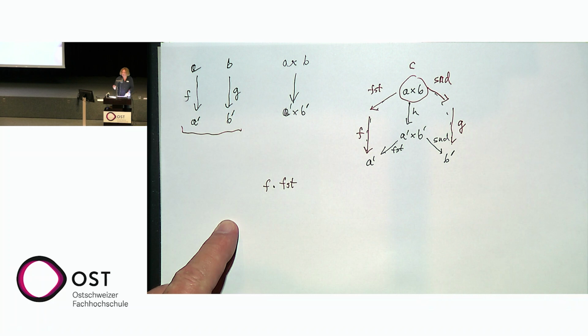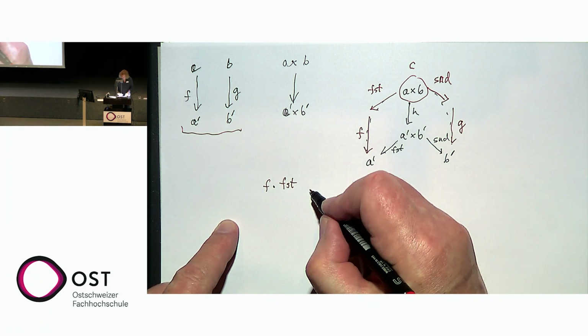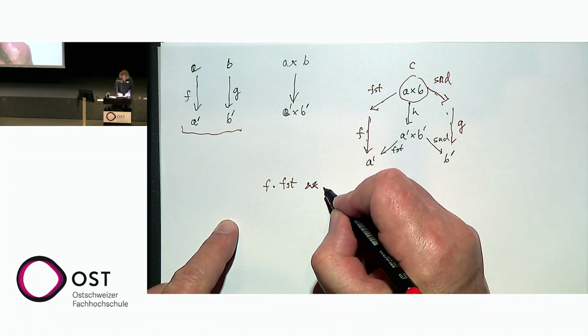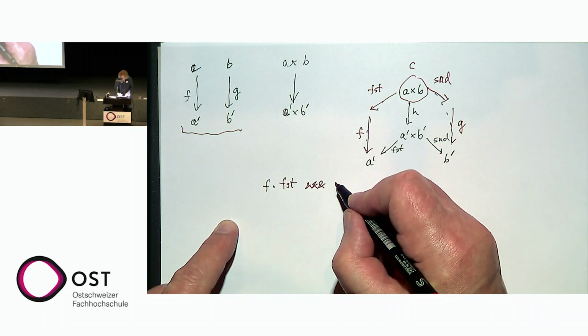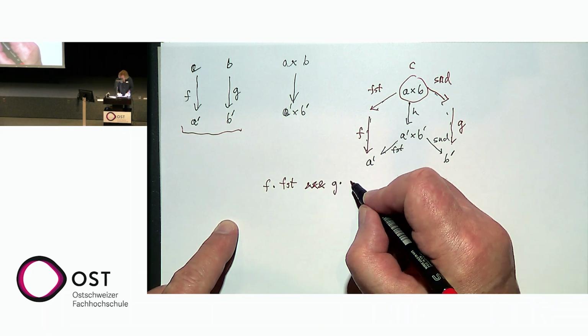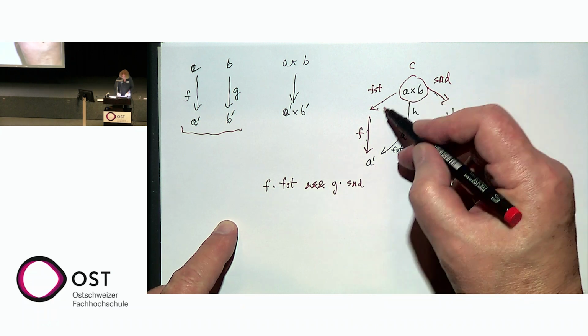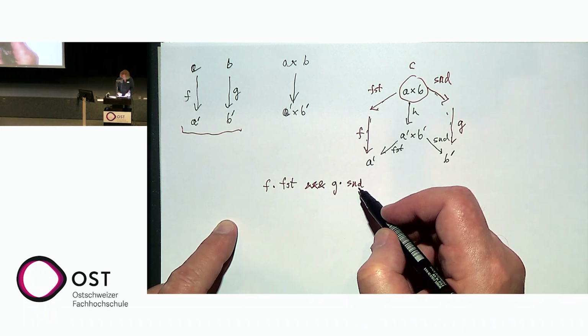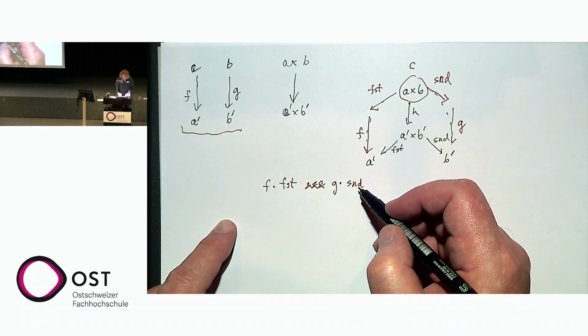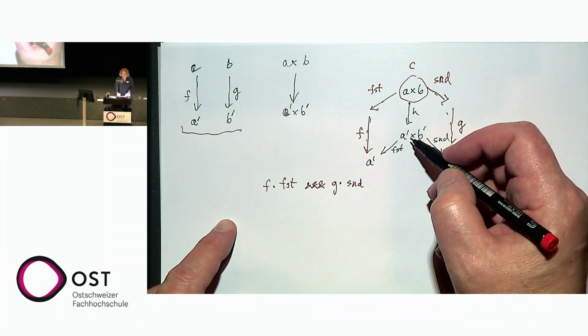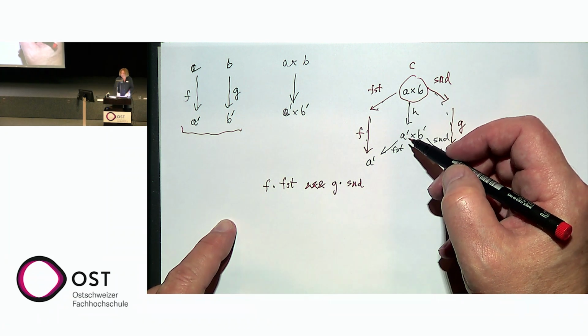And I have this triple ampersand to combine two functions, right? G after second. So these are the two functions. I'm combining them using an ampersand, and I will get this function H, uniquely defined, right?